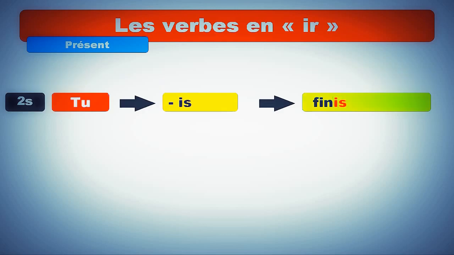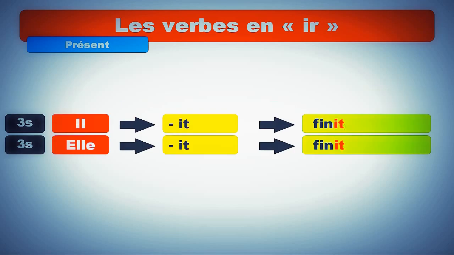Second form, for tu. It's S, just the same. So you get just the same pronunciation, but it's tu finis. Repeat. Tu finis. Third person, for il and elle, still at the singular, you get T. Pronunciation is still the same, and it's il finit.